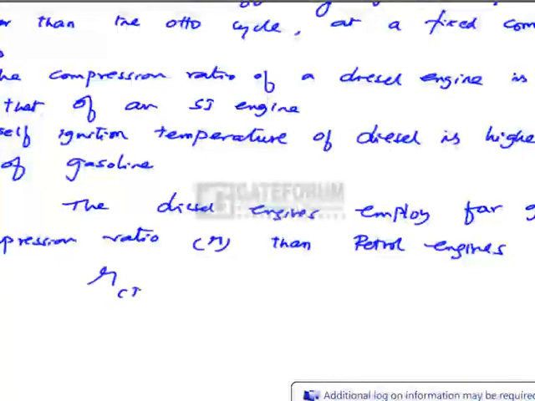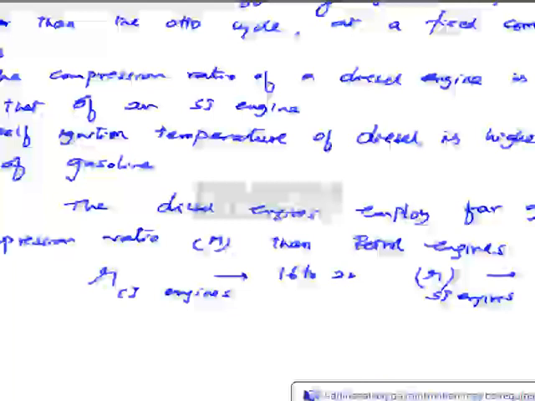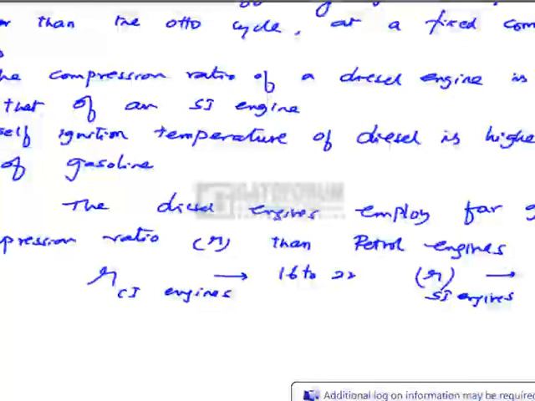R of CI engines is in the range of 16 to 22, whereas R of SI engines is only limited to 6 to 10. So the diesel engines are employing far greater compression ratio than the petrol engines. Hence, thermal efficiencies of CI engines are higher than that of SI engines. That is the correct answer.